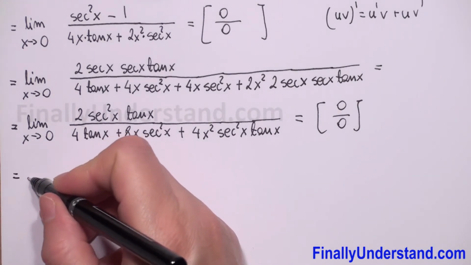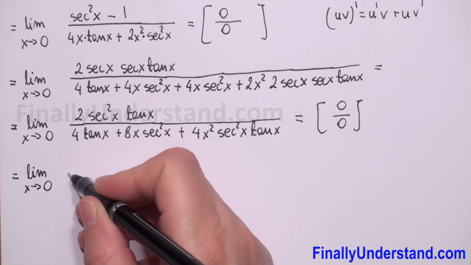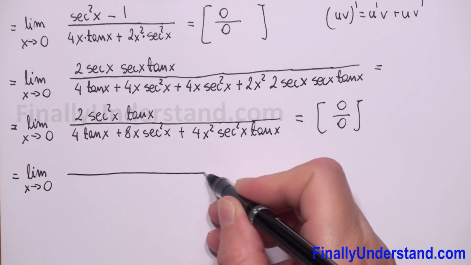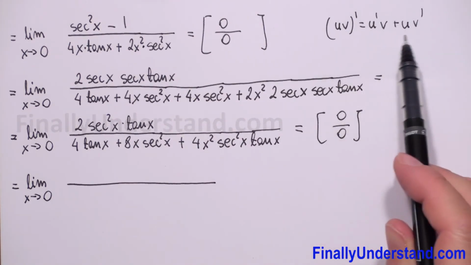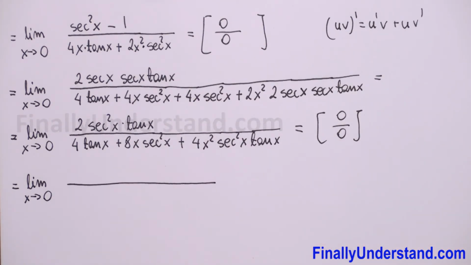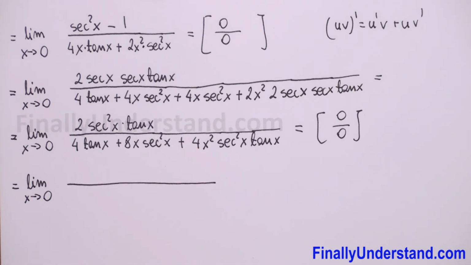So we have to copy limit as x approaches 0, and in numerator we have multiplication. Again we will use product rule to find derivative. In this case u is equal to secant square of x and v is equal tangent of x.